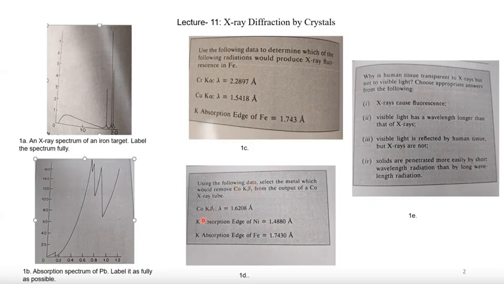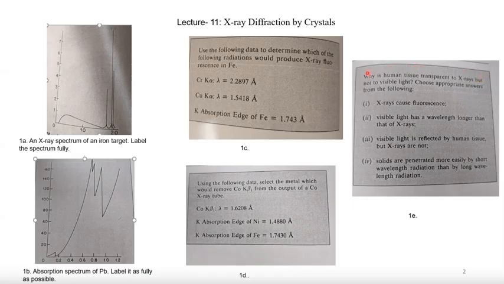The following data is given: the copper K beta 1 wavelength, the K absorption edge of nickel, and the K absorption edge of iron. You see the K absorption edge of iron is slightly higher than that of cobalt K beta 1. Therefore iron will remove the cobalt K beta 1 of a cobalt target.